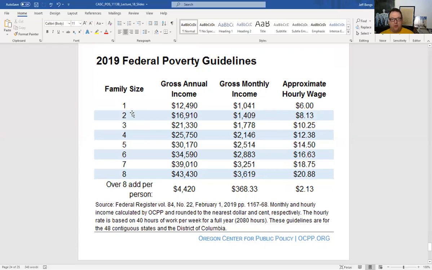So if any of you are looking at getting married after you graduate from high school, whether that's this coming May in 2021, this is going to be about what the poverty level is for a married couple.